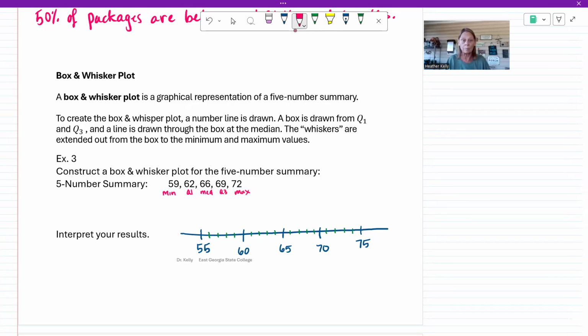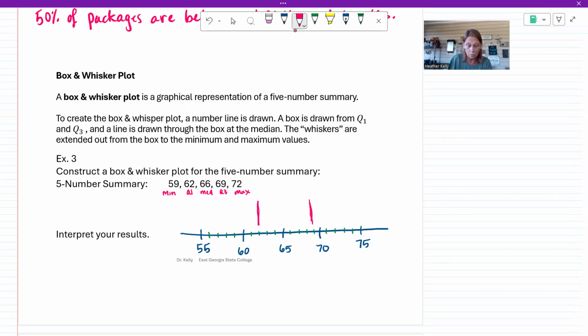That's why I told you, you got to be able to read that off. So we go to Q1, 62, and hovering over, you're going to make a line at 62. Then we're going to go to Q3, which is 69, and hovering over, we're going to make the line up at 69.